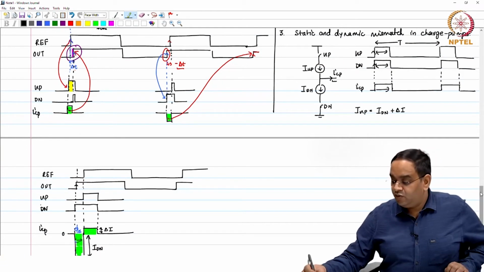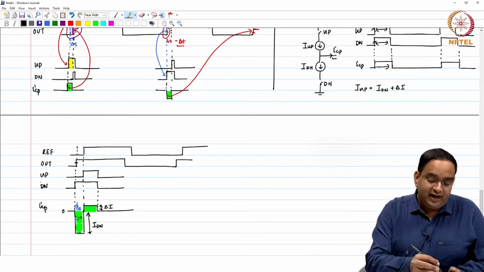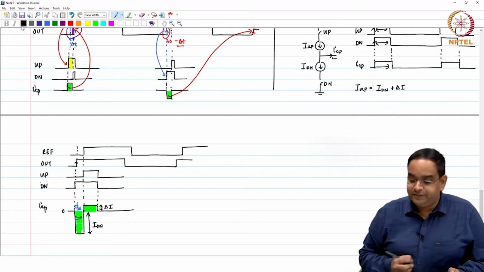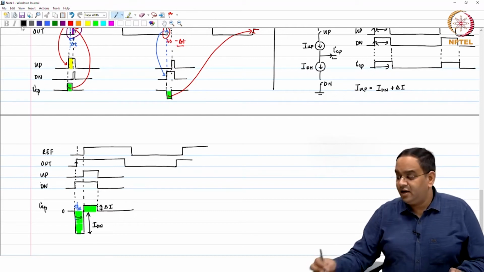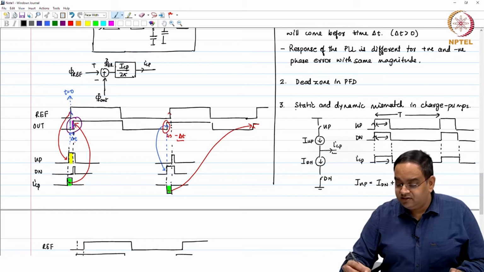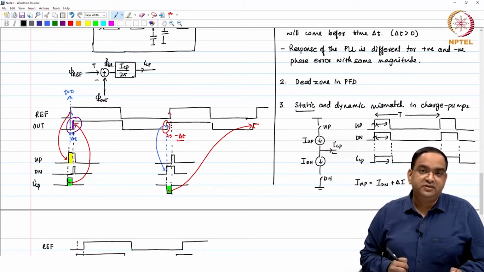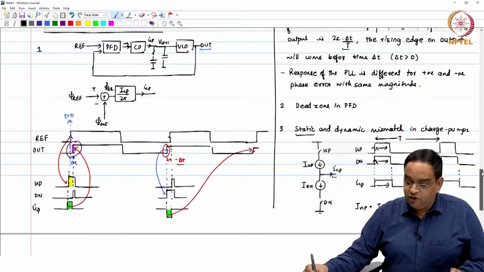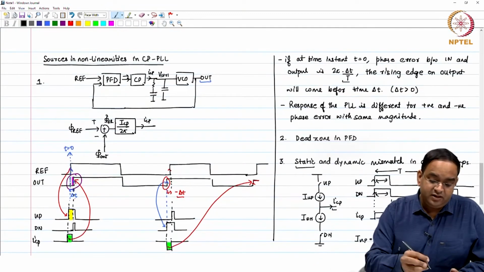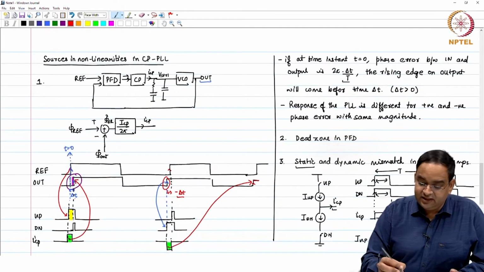Okay. Now, we talked about one thing, that you have mismatch between I up and I down. Well, this is actually a static mismatch. What also happens in practice is that the mismatch varies depending on the control voltage.